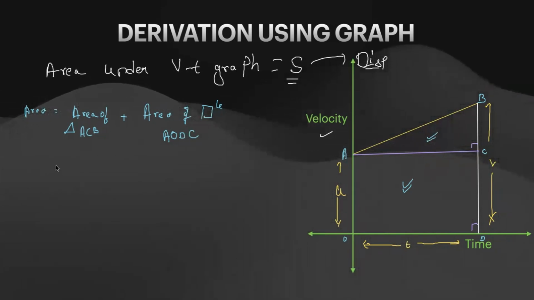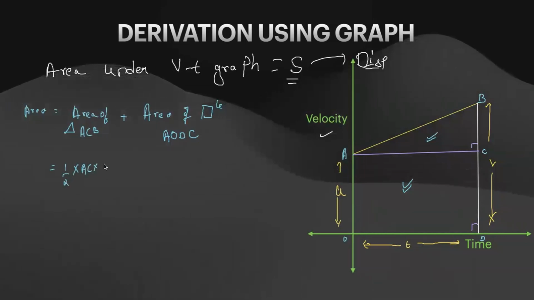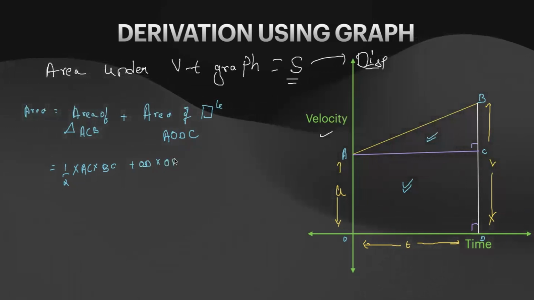Now, what is the area of triangle ACB? Half into base, AC, into height, BC, plus the area of the rectangle, length into breadth. The length is OD, and the breadth is OA.